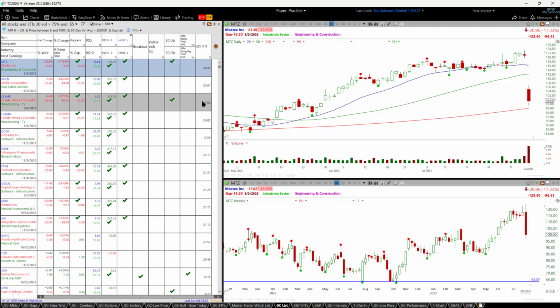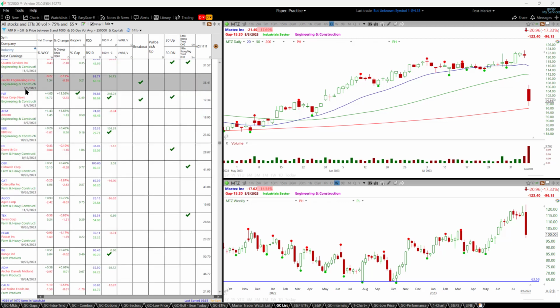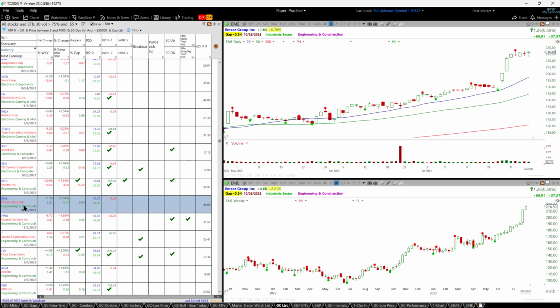Now, what I could also do with this is, since this gapped down so negatively, I can see this is in this particular industry. I can sort this by what's in the industry here. I had to scroll down since it's sorted that way, and since it started with E, I can then find energy and construction, engineering and construction.